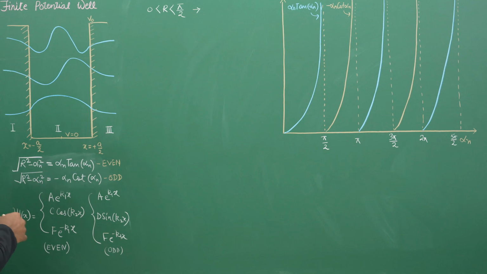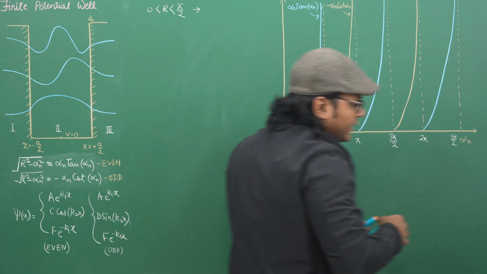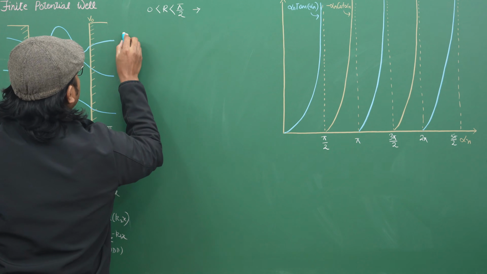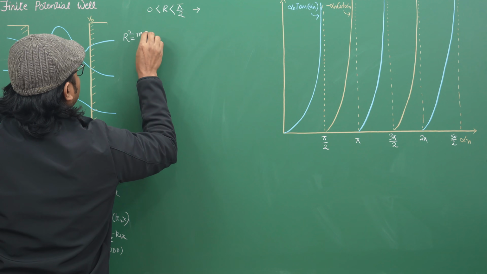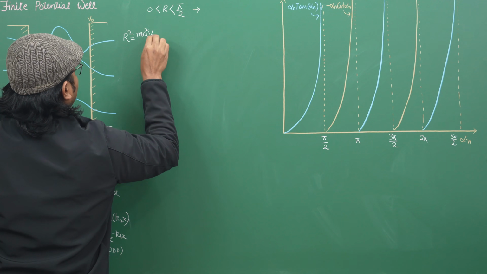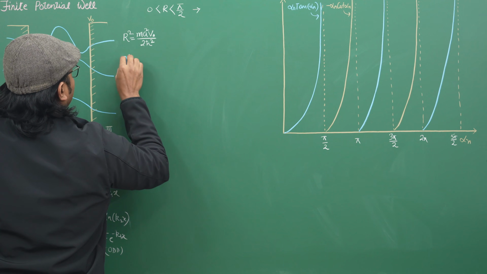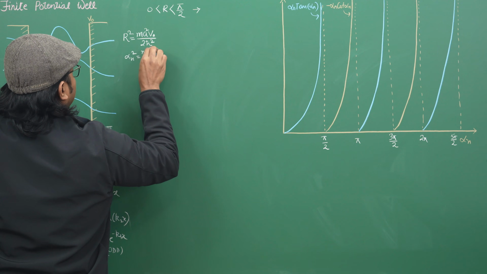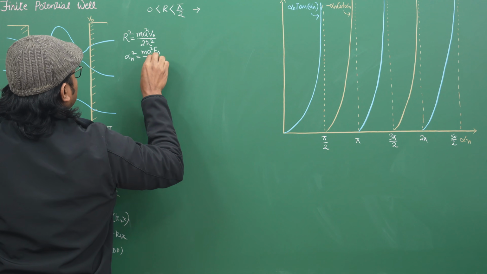What is r here, if you remember from the previous assumptions? r squared is equal to ma squared V0 upon 2h cross squared, and alpha squared is ma squared E upon 2h cross squared.